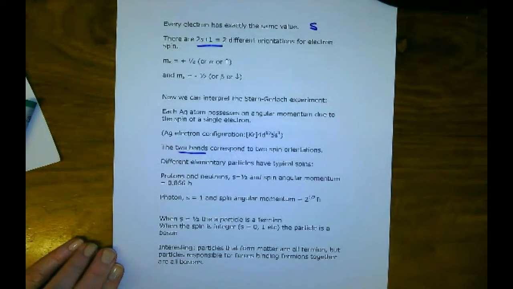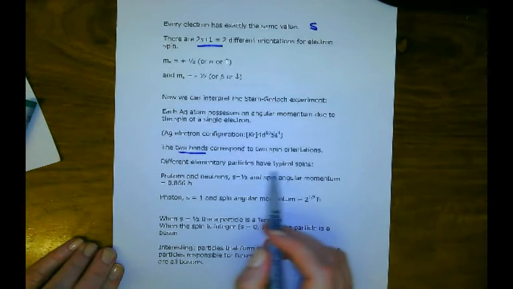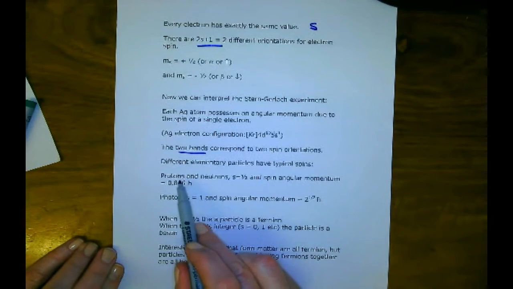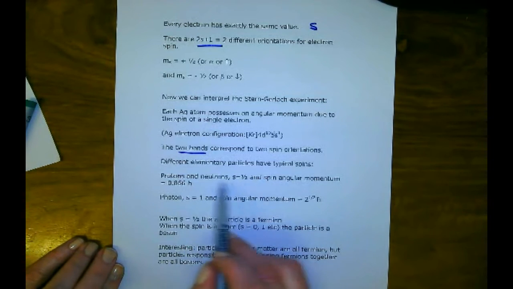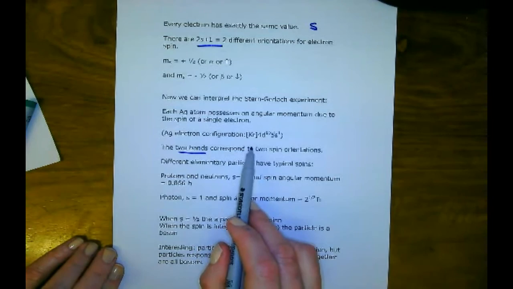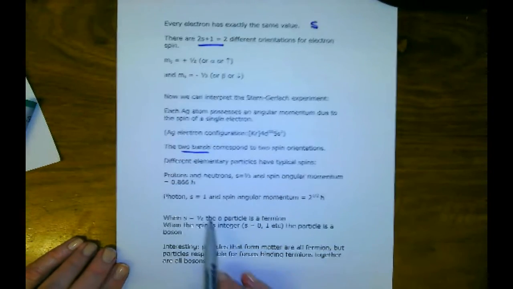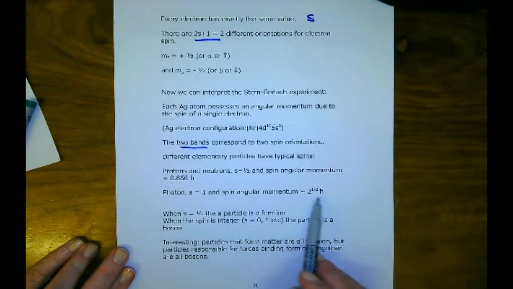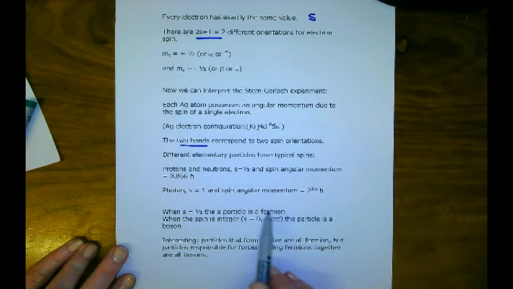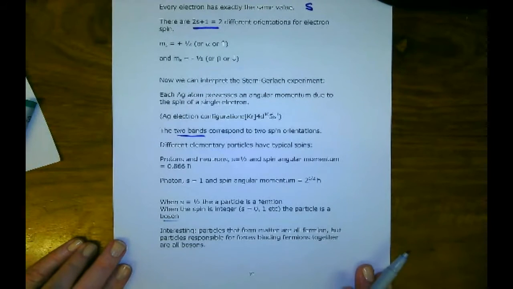So electrons have spin, but other elementary particles also have spins. Both protons and neutrons are spin half particles, and the spin angular momentum corresponds to that of the electron. The photon is a spin 1 particle, and you can use that to get its angular momentum. And then, depending on the spin, we can distinguish between a fermion and a boson.